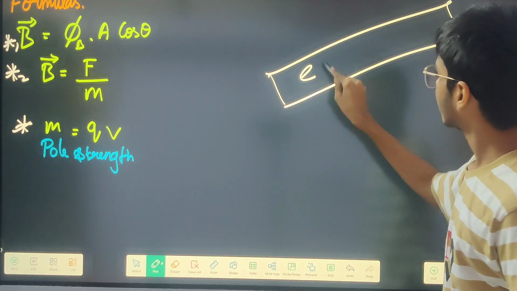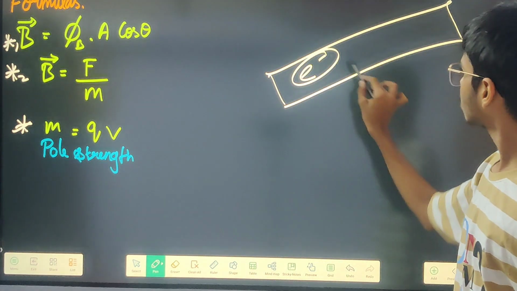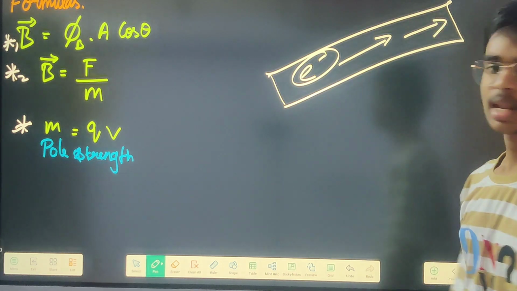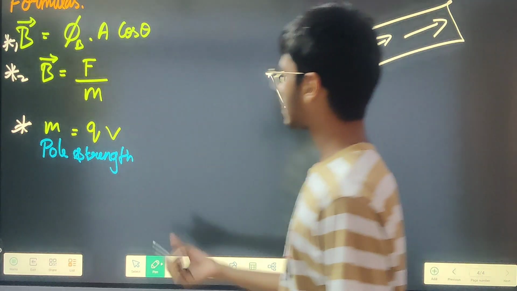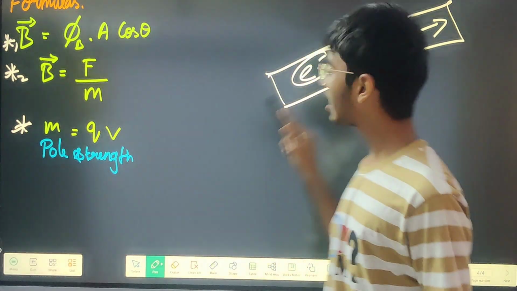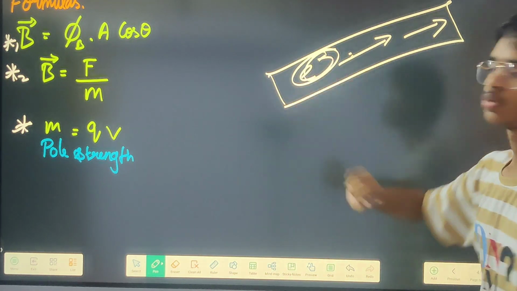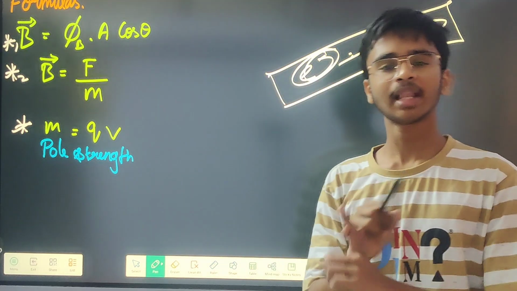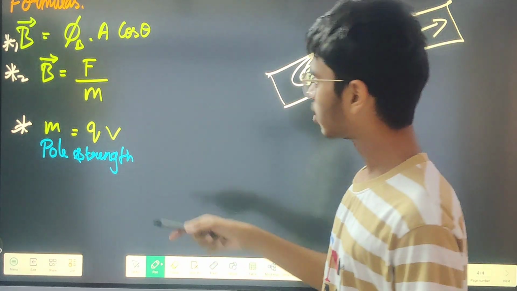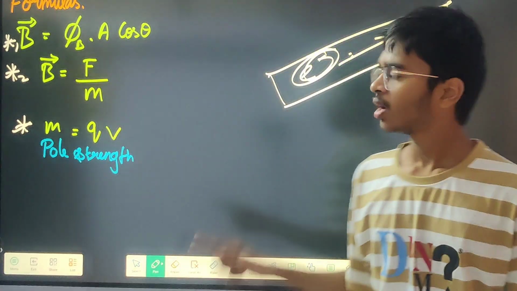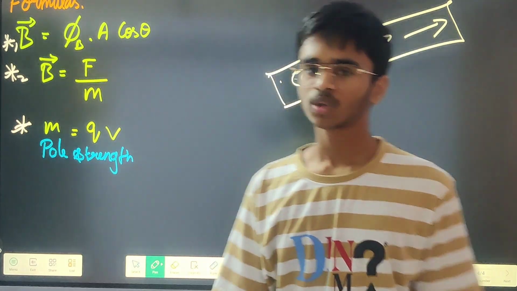In this, charge will be there, right? Let it be an electron. So this electron will be going at such a speed. So that charge is Q, the charge of that particular body that is moving. It need not be an electron. It can be any charged body that is moving, and the velocity of the body. So that is what is known as pole strength.